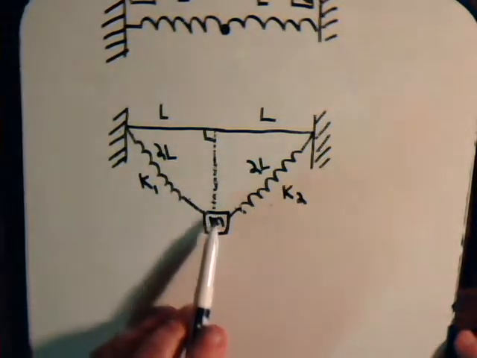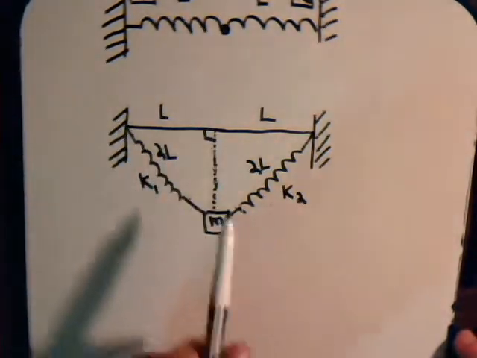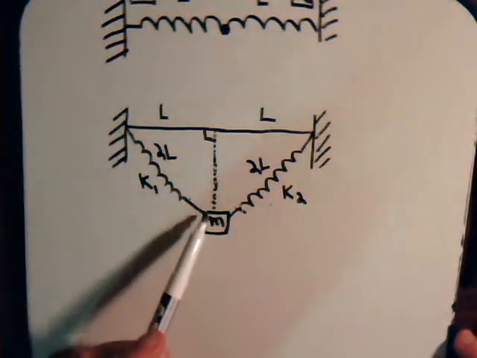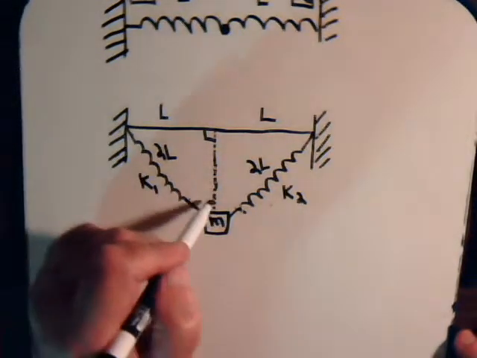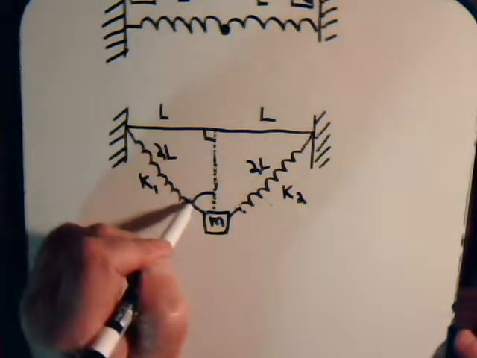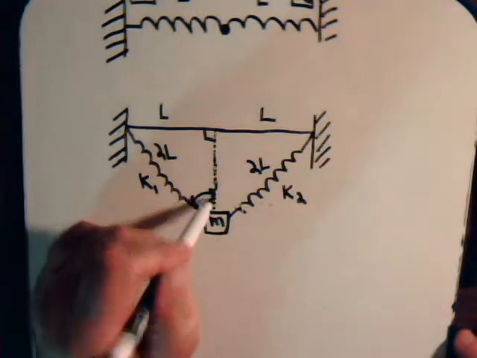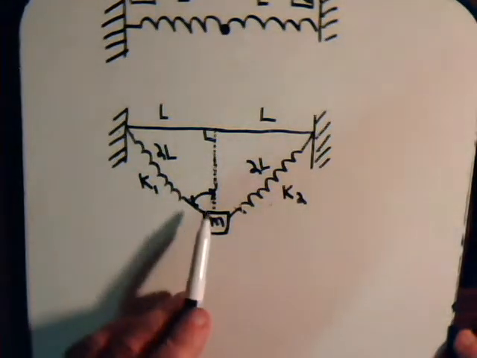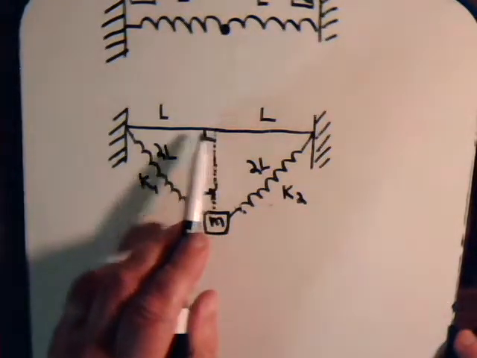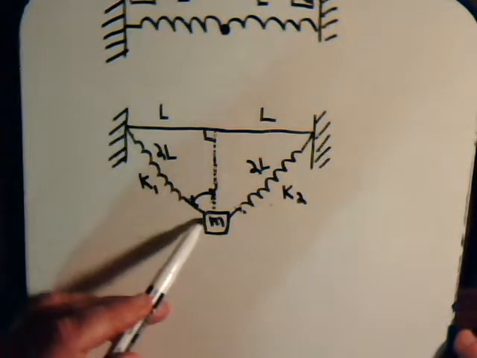Now, this is 90 degrees for this triangle, and this side is length L, its hypotenuse is 2L, so the angle here, the sine of that angle will be the side opposite of it, divided by the hypotenuse.